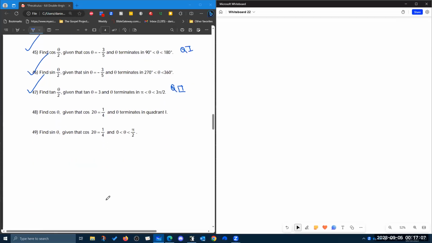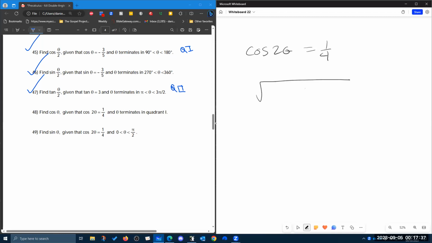Just a couple more here. We're going to find cosine of theta, given that cosine of 2 theta equals 1/4. So we're going to use a half angle here. Theta is going to terminate in quadrant 1, so we know that the cosine value is going to be positive.